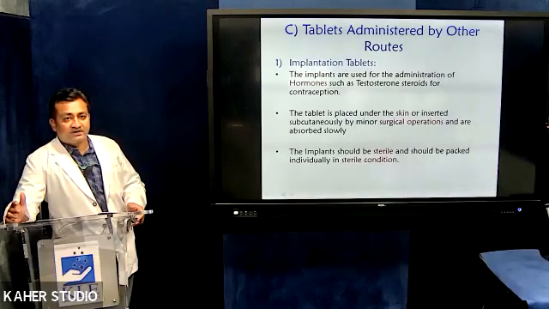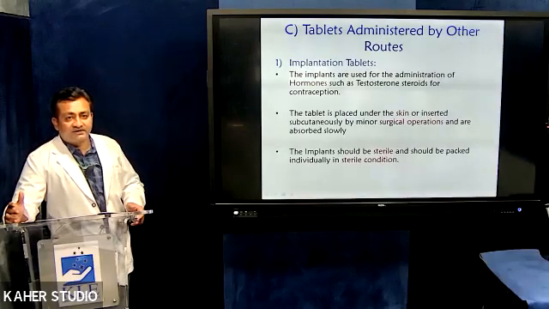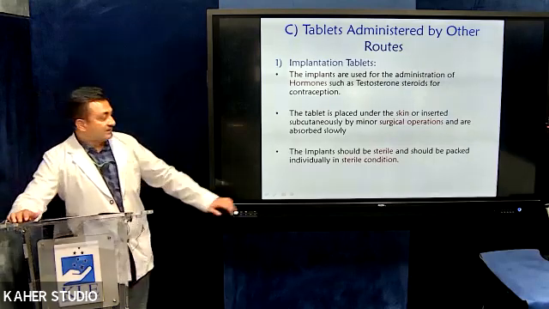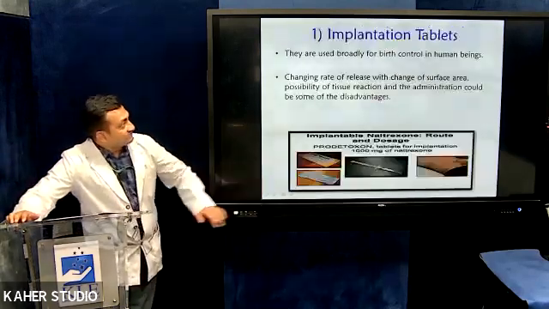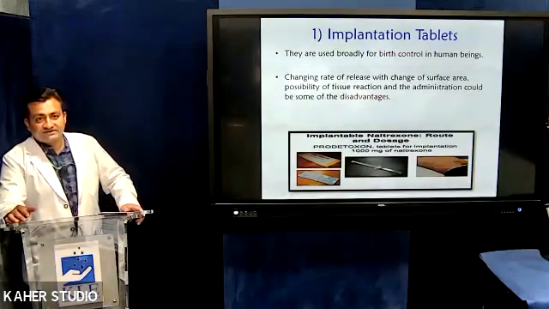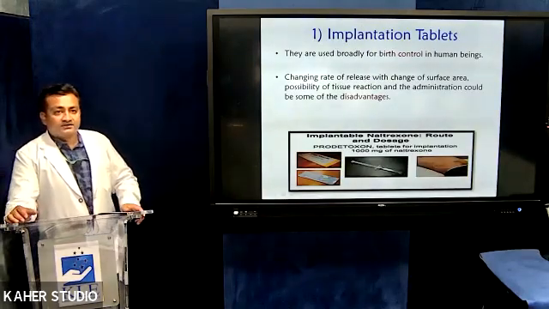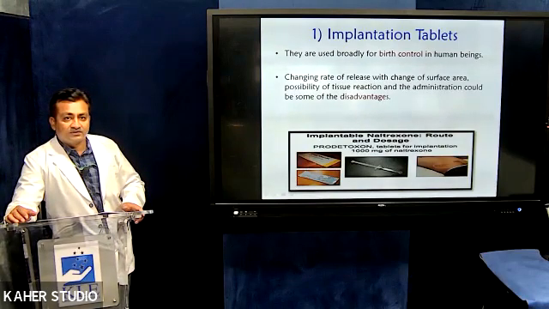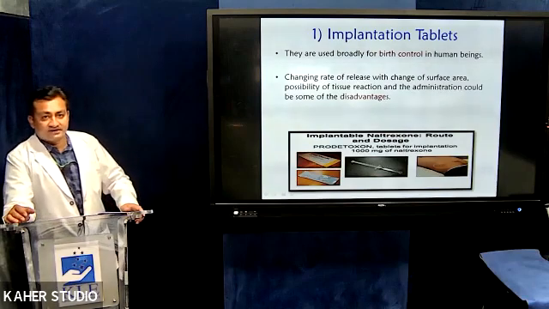This is the important criterion for implantation tablets, and they should be placed individually in sterile condition. So minor surgery is required to place the tablet. They are usually used for birth control in human beings, and the rate of release changes with the change in surface area.